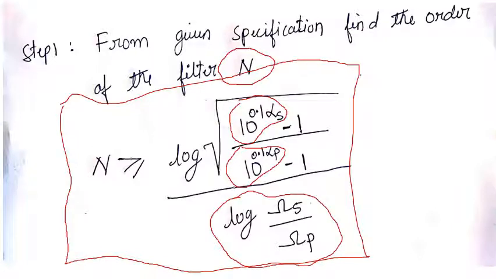So this is the formula to compute order of a filter for Butterworth prototype.